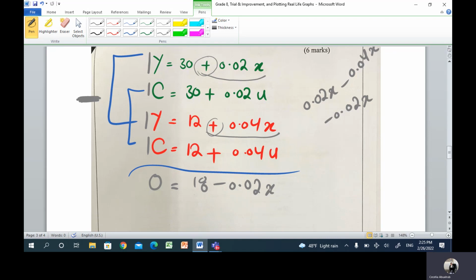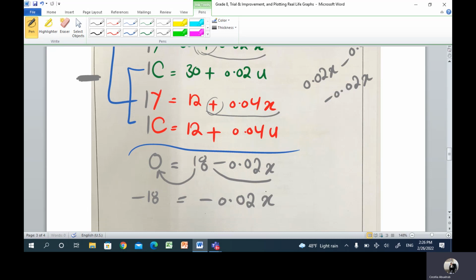So if you have a look here, we have a linear equation with one unknown, which is x. We need to find x by applying opposite operations. If we send the positive 18 to the other side of the equal, it will be minus 18 equals minus 0.02x. In order to isolate the x, we need to divide each side of the equation by the coefficient of x. And what is the coefficient of x?